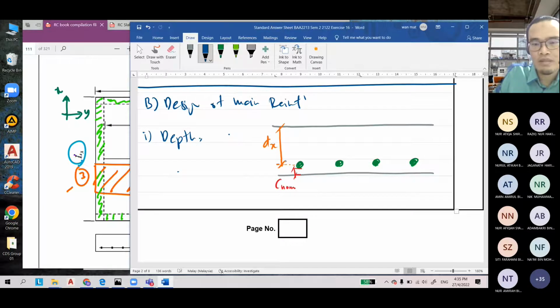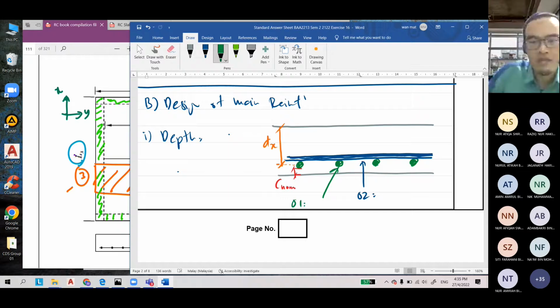This is another bar on the top, the blue color. Let's say this is the diameter of the bar. So this is bar number 2, and then this is bar number 1.